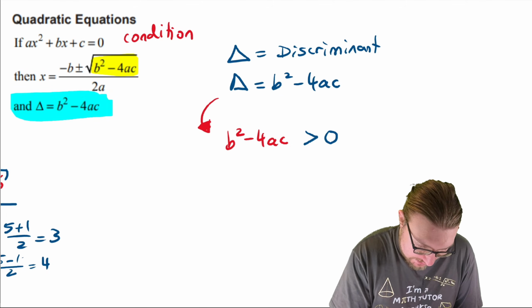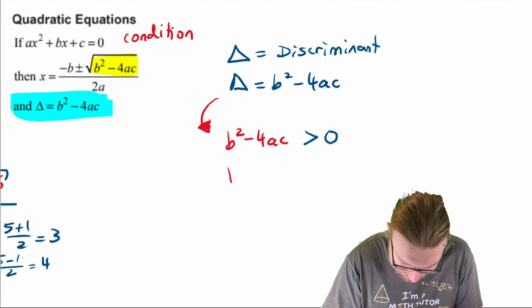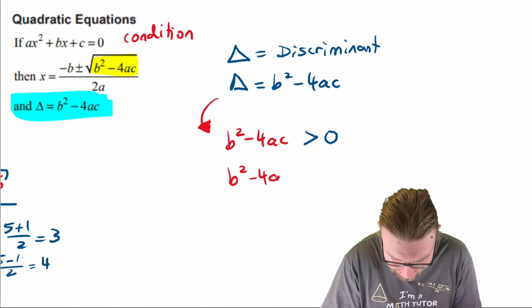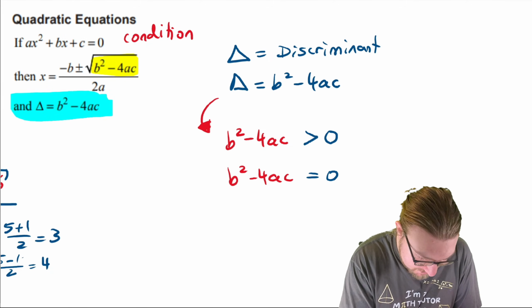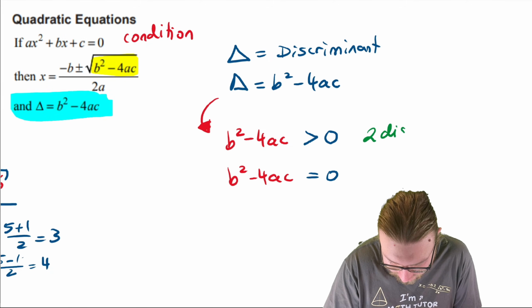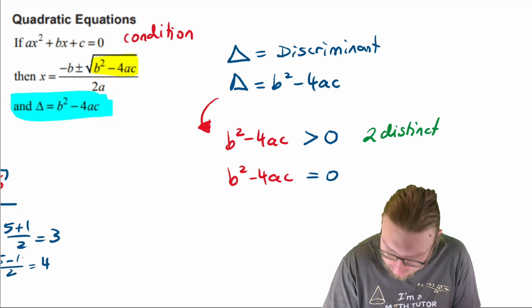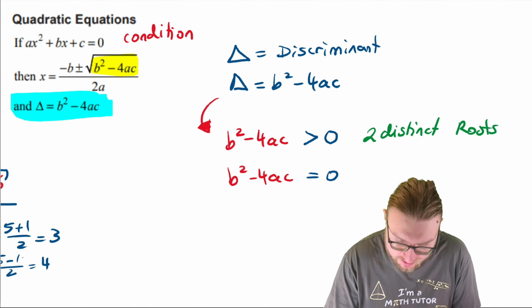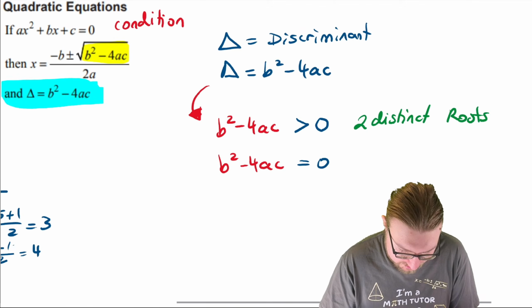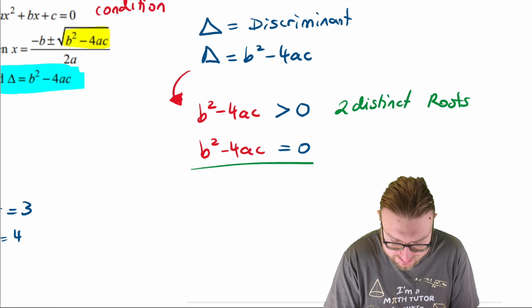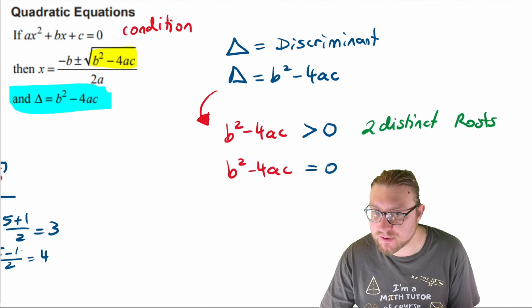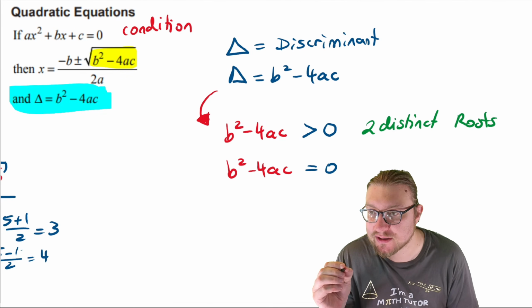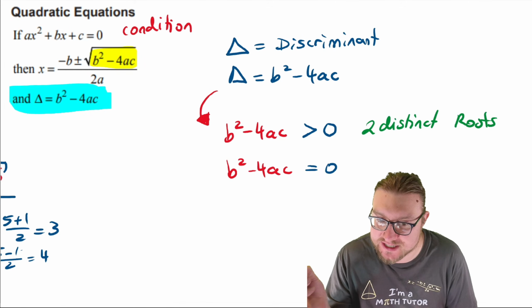Now, the second option is if the discriminant is equal to 0. So what would that make? Maybe I'll write here, this is 2 distinct roots. So let's have a look over here. If we have the discriminant equal to 0, that would mean that the number underneath the square root here, the yellow part, is equal to 0.